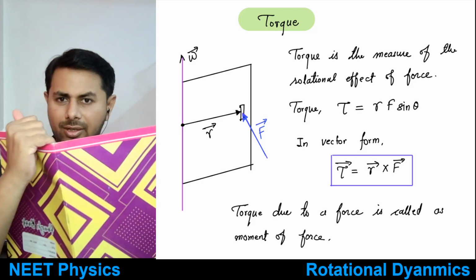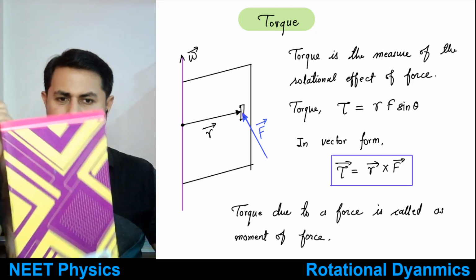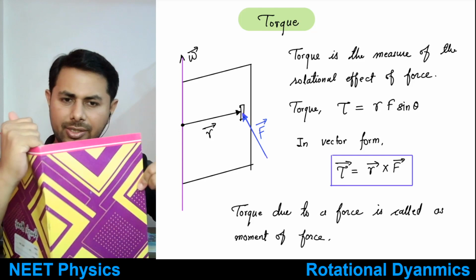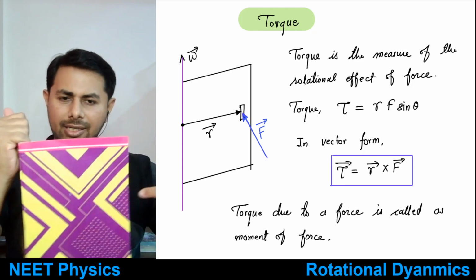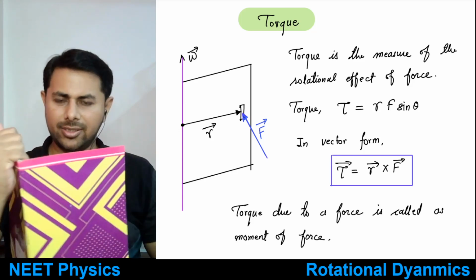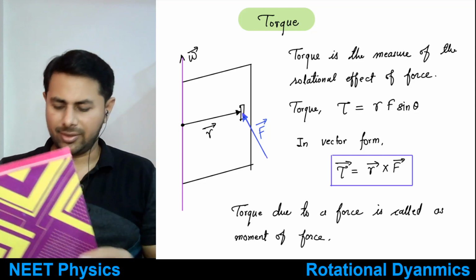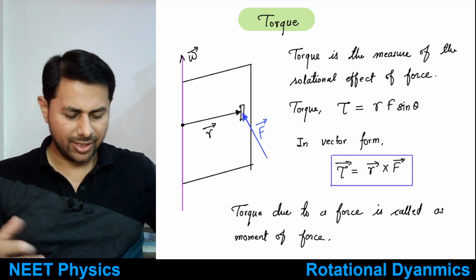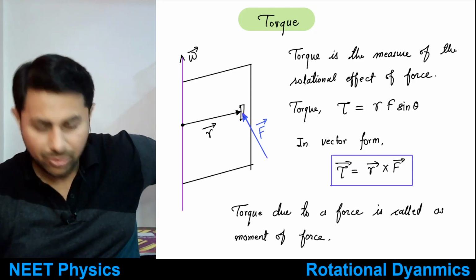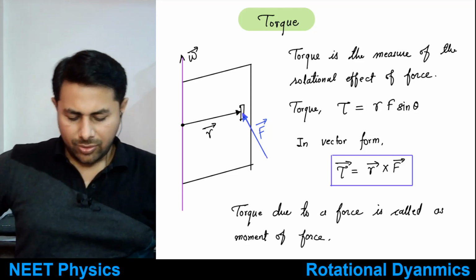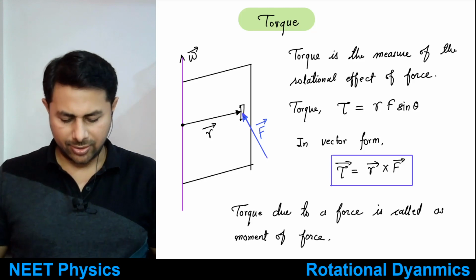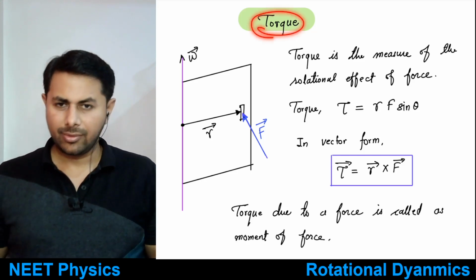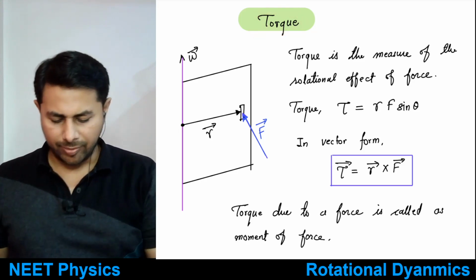Not at all rotating, right? If I pull it in this way, R is in this direction, parallel to R, if I exert the force, it doesn't rotate. So the angle is also important. So the rotational effect of a force is called torque, or it is also called moment of force.